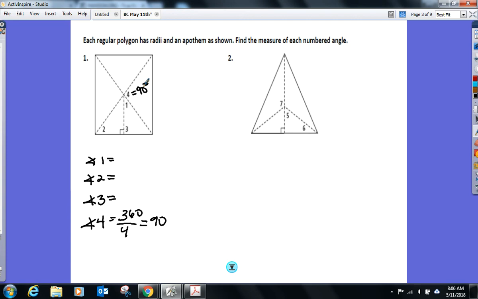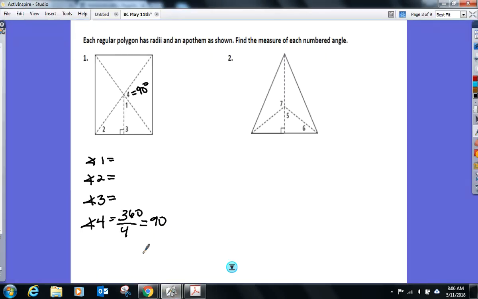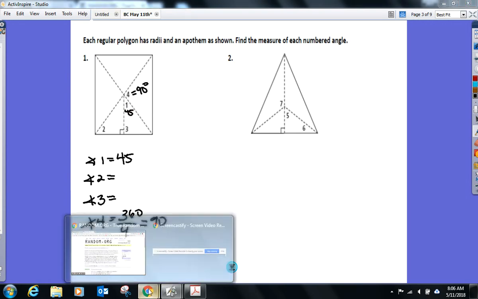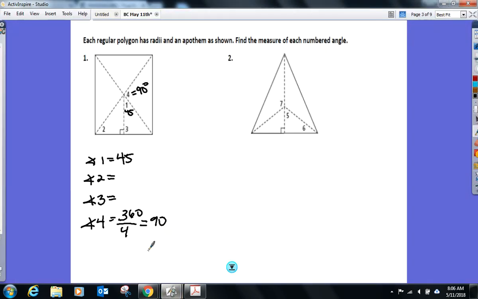Apothem acts as an angle bisector, which leads me to angle 1. What's angle 1? 45, it's an angle bisector. So that's going to be 45. Let's go to angle 2. Remember, angle bisector.